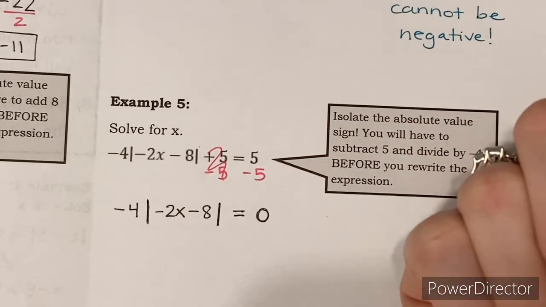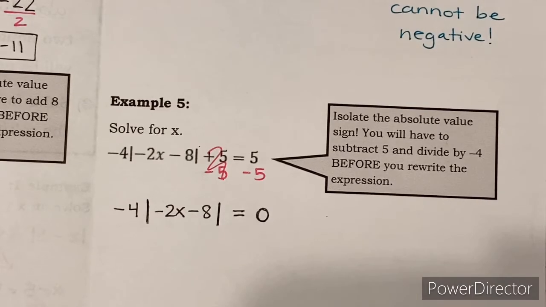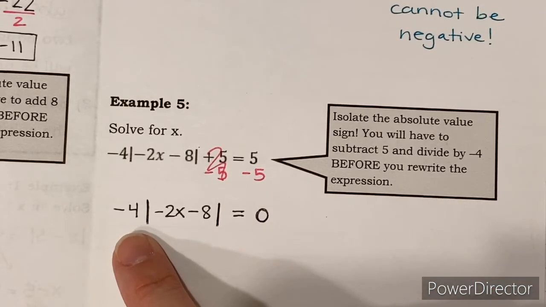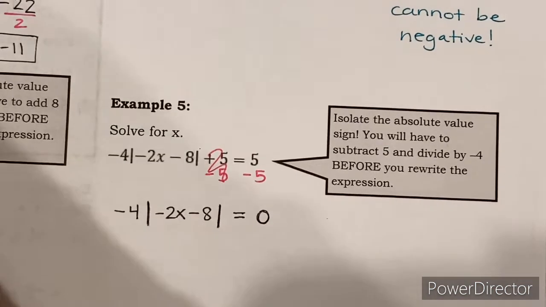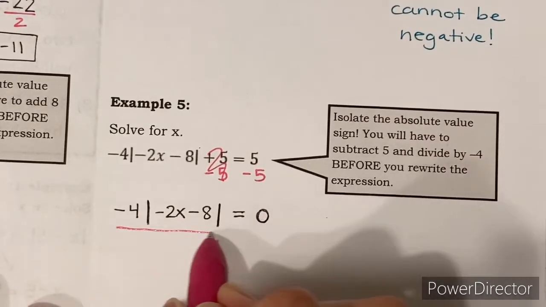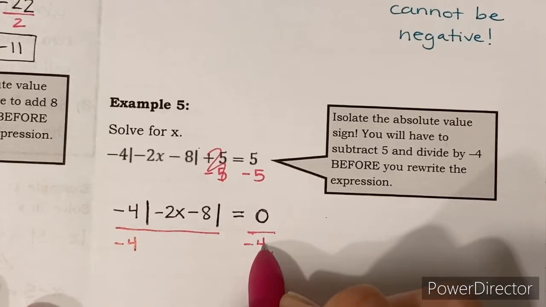It's just 0. So now, thinking back to example number 4, and you can look up there if you need to, any number that you have in front of that absolute value bar like that, the best way to get rid of it is to divide by whatever number that is. So we're just going to divide by -4 on both sides.